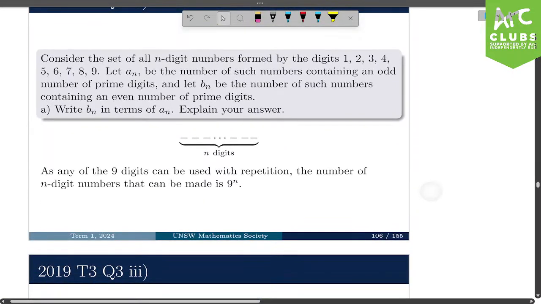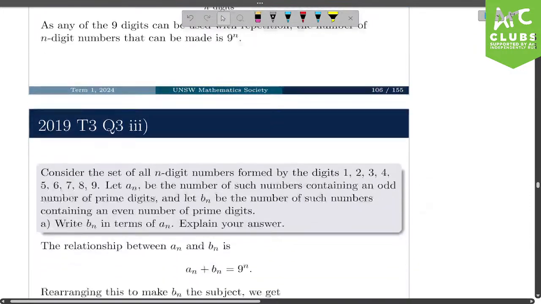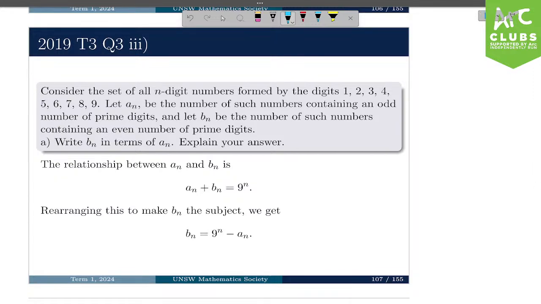So what is that value? With each digit, there's 9 different possibilities, so the number of n-digit numbers out of these 9 digits will just be 9 to the n, right? Thus an plus bn is 9 to the n, or equivalently, bn is equal to 9 to the n minus an. So is that good?